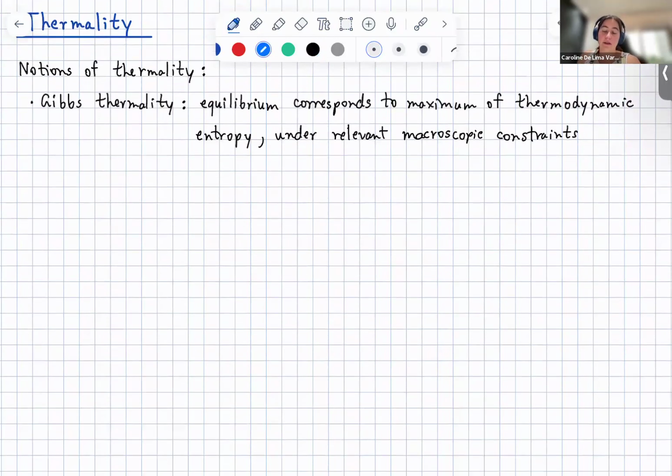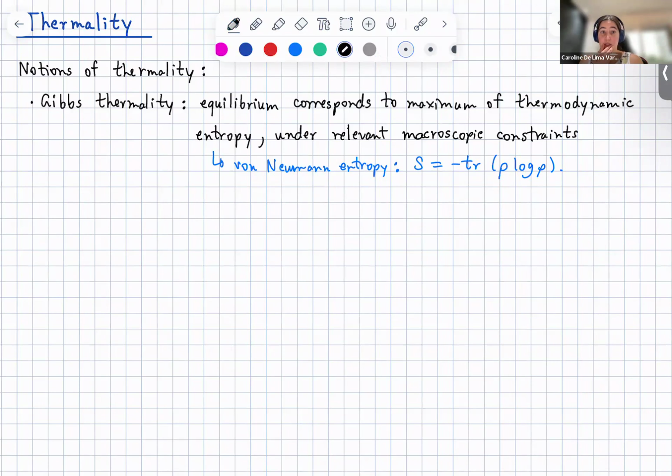Now, the Gibbs state that I presented to you guys before was actually the maximization of the von Neumann entropy, which in general is not a thermodynamical entropy. It's a quantum information entropy, which if you don't remember is minus trace of rho log rho. That's the expression for this entropy. But nevertheless, it works in our situations.